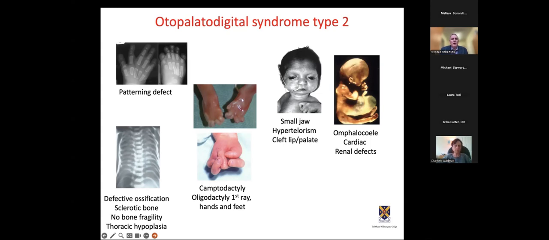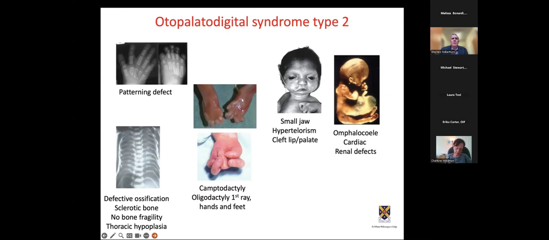As you'll see, we have a much more pronounced skeletal phenotype now. We have thoracic hypoplasia and the appearance of abnormalities of the ossification of the ribs. So thin strip-like ribs with periosteal irregularities.